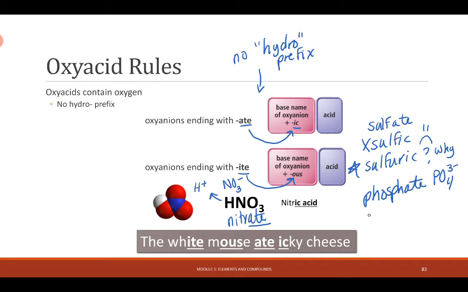Phosphate does not get changed into phosphic. So that's not what happens. Instead, it becomes phosphoric. And so those are the two main exceptions to this. It's just a quirky thing that happens. Why? I do not know why extra letters get added back in. It's just an annoying thing that we just have to learn to deal with.